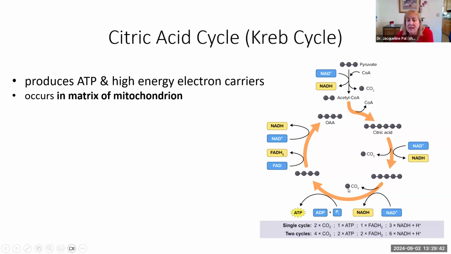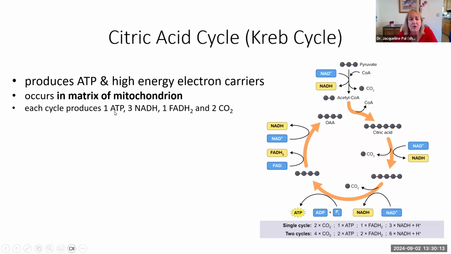We're going to release another carbon as carbon dioxide to go to a 4-carbon molecule, release another electron carrier, as well as create some ATP. Now, this 4-carbon compound will make 2 different electron carriers and will stay as a different 4-carbon compound, and will join up with more acetyl-CoA and go around the circle again.